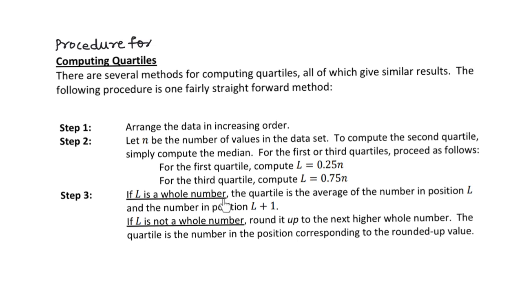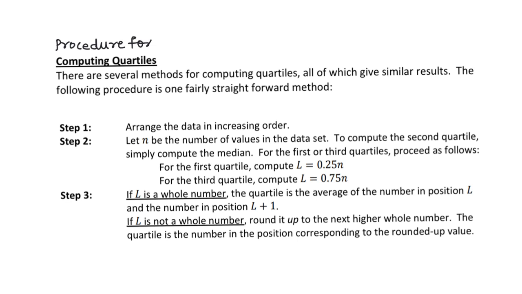If L is a whole number, the quartile is the average of the number in position L and the number in position L plus 1. If L is not a whole number, round it up to get the next higher whole number. The quartile is the number in the position corresponding to the rounded up value.